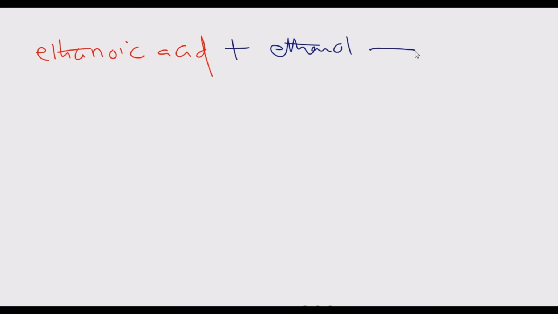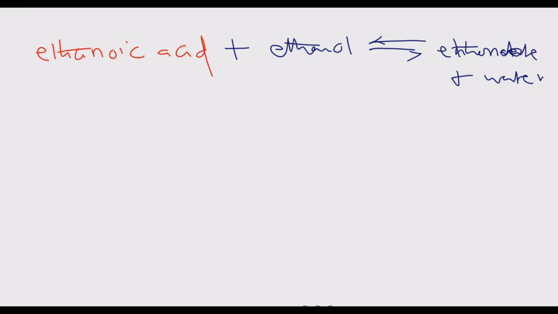So in this case we have ethanoic acid. We react it with ethanol. We are going to end up with a reversible reaction, which will give us ethyl ethanoate plus water.